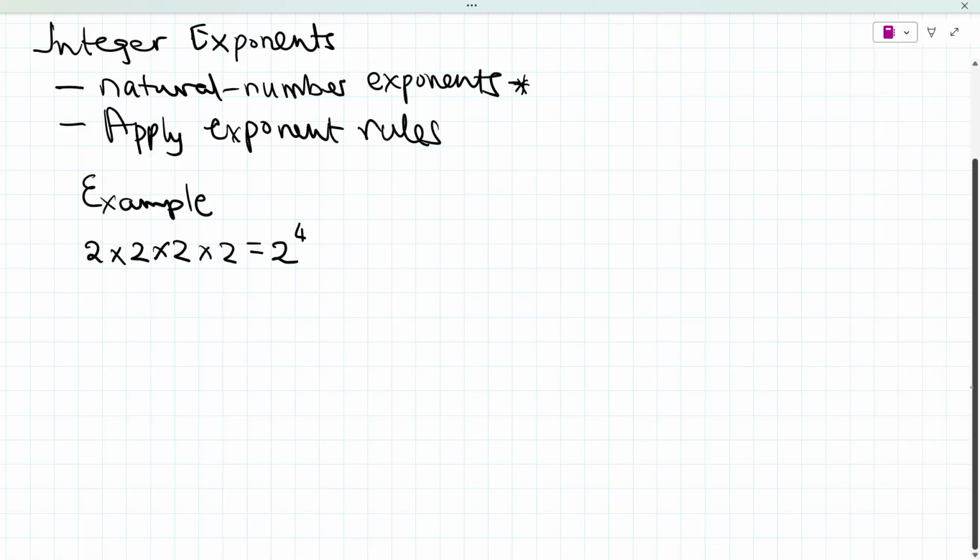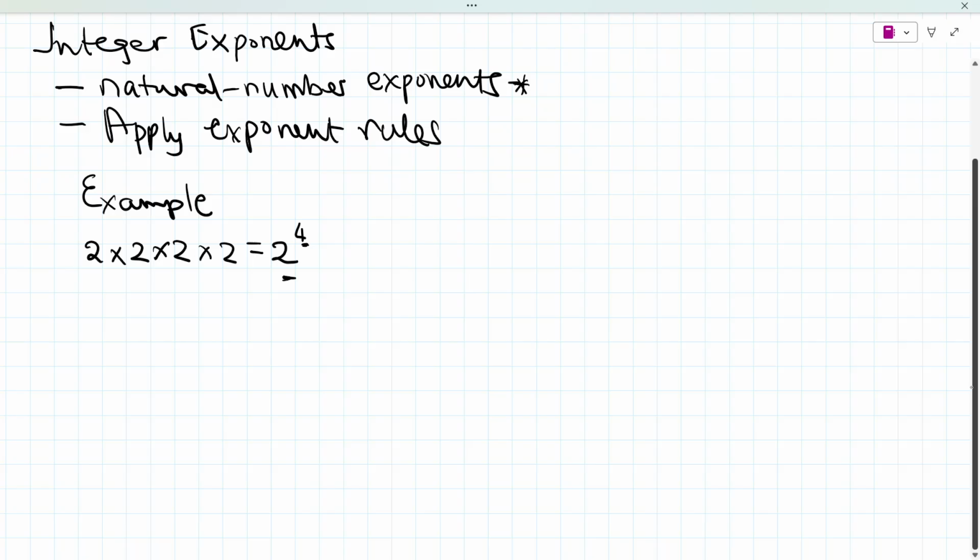The number 2 is called a base, and the number 4 is called the exponent. The exponent tells us how many times the base is multiplied as a factor.